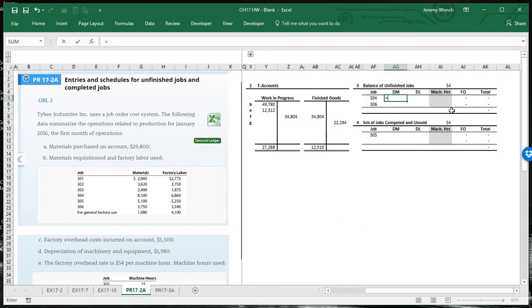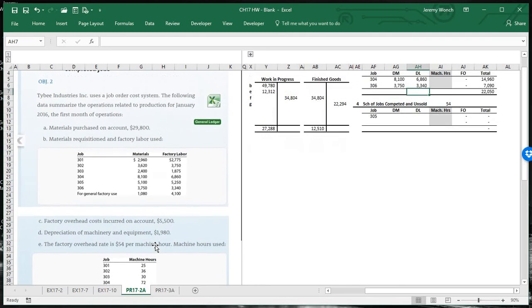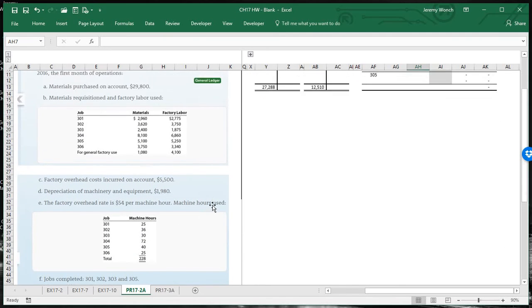So we just plug in our direct materials from this schedule like we did with the other ones that were finished. And plug in our direct labor. And then we'll go down here and plug in our machine hours.